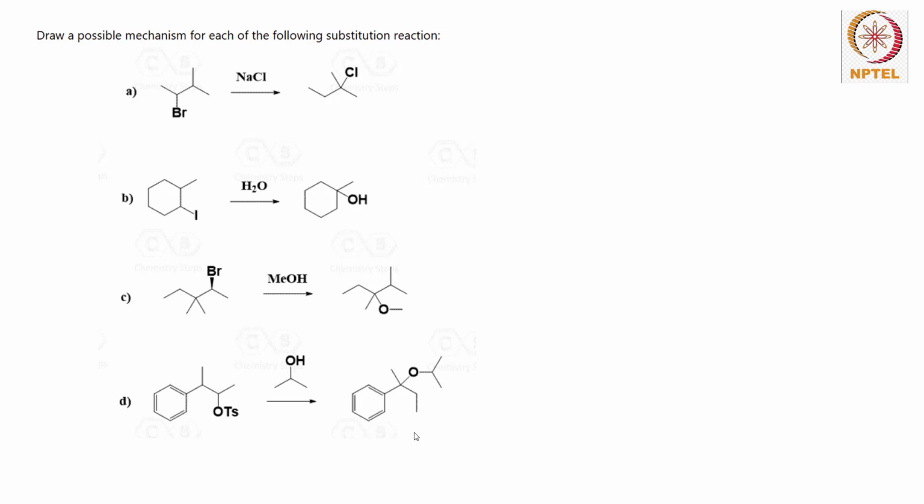Among these four, two of them we solved in the last class, and two of them I told you to try by yourselves. So let's try to solve these two. The answers to these two questions have been solved in the last classes.